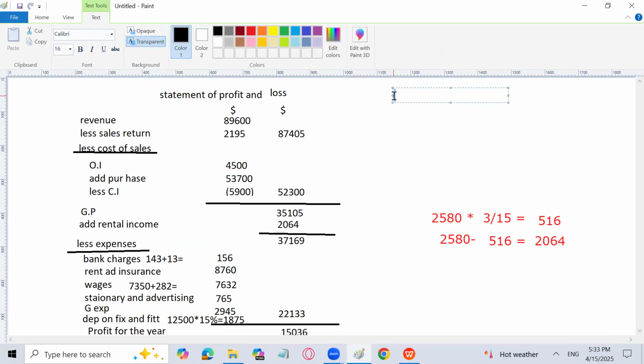Current liabilities. In current liabilities, we used to write trade payables. Then we are going to have advertising owing. Then wages owing. Then bank overdraft, right?